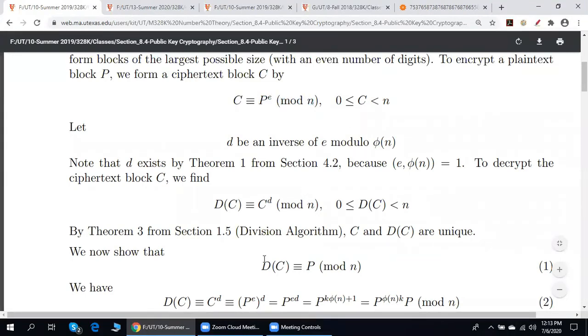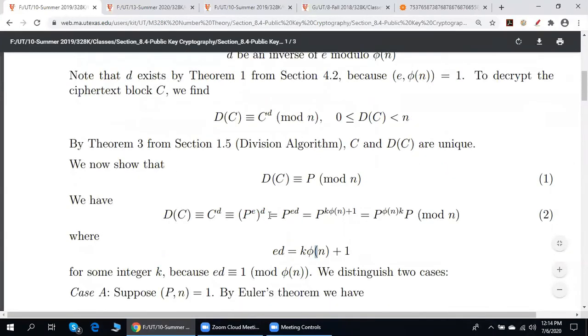This is exactly how we jump from here to here. In short, if we raise both sides here to the power d, we will get exactly what is written here. The left-hand side to the power d, it's over here, or the right-hand side to the power d, it's over here.